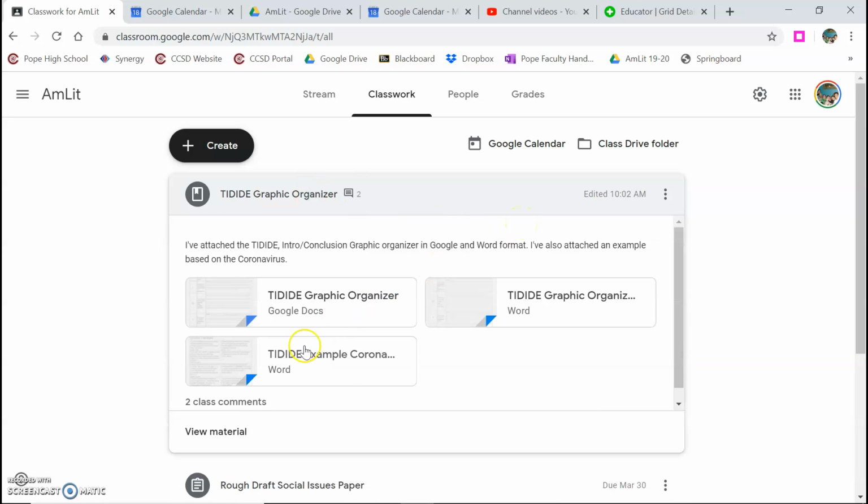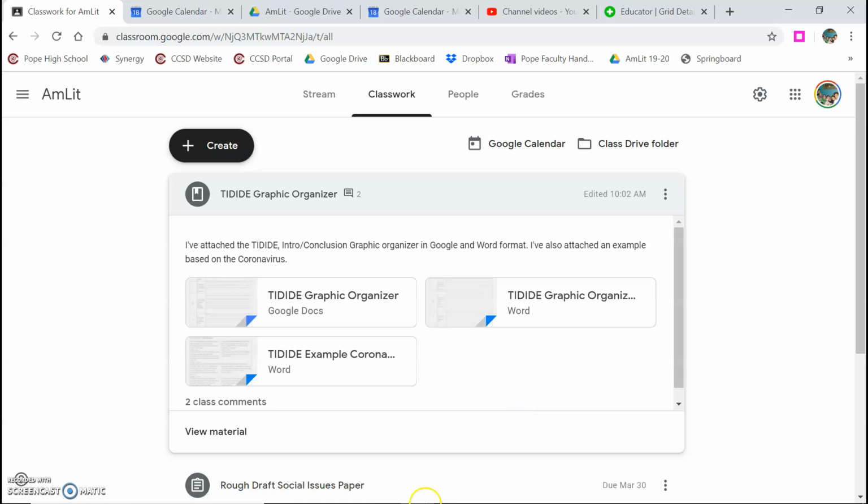I've uploaded it as a Google Doc, a Word document, and I've uploaded the example from the coronavirus. After I finish the screencast, I will include that with the assignment too, so they'll all be in the same place. You'll turn in your TIDIDE graphic organizer with your rough draft, because the graphic organizer also has your introduction and conclusion, which is basically going to take you all the way through next Thursday.